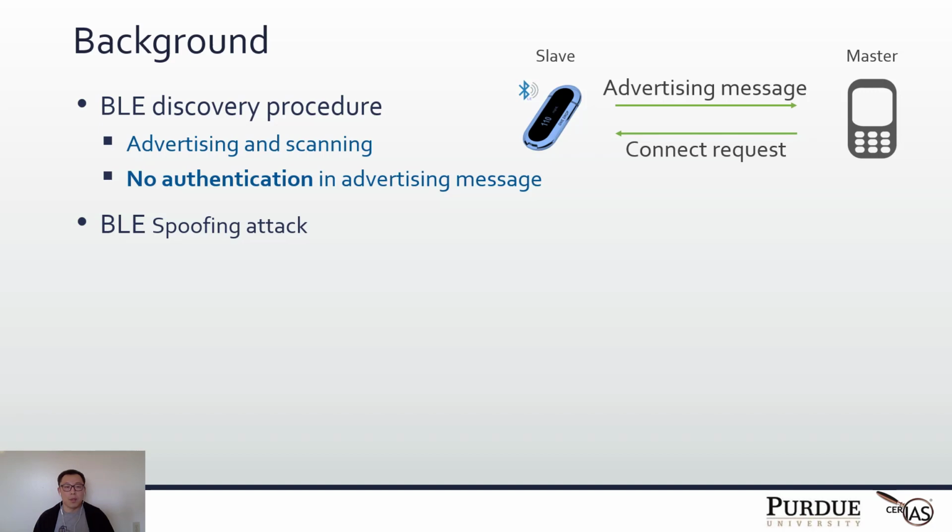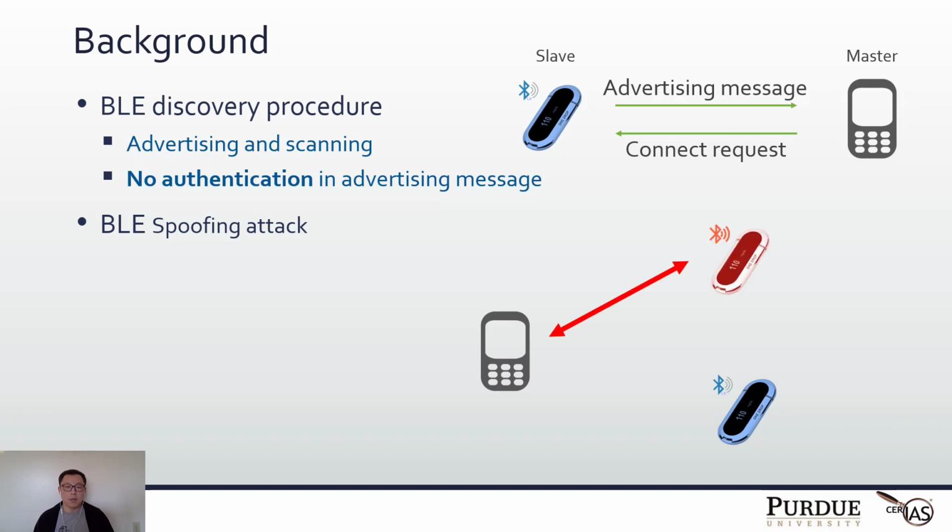So in BLE's context, what is a spoofing attack? When the master BLE device intends to connect to a slave device, it first scans for the advertising message. In this case, it may receive a spoofed advertising message from a malicious device.